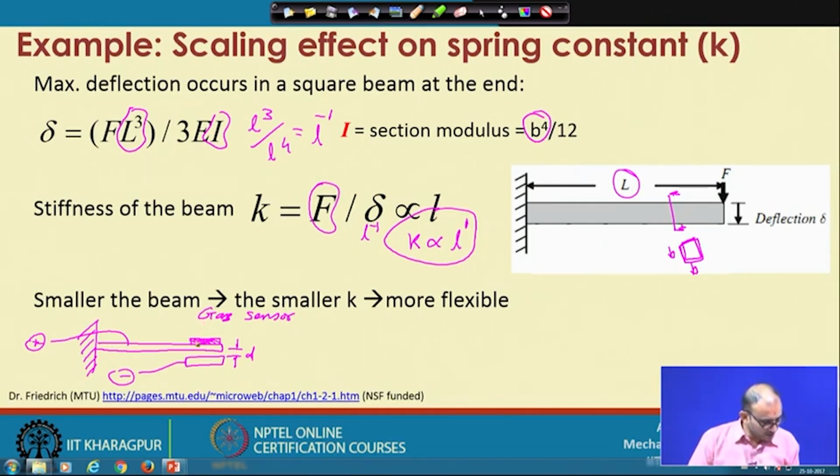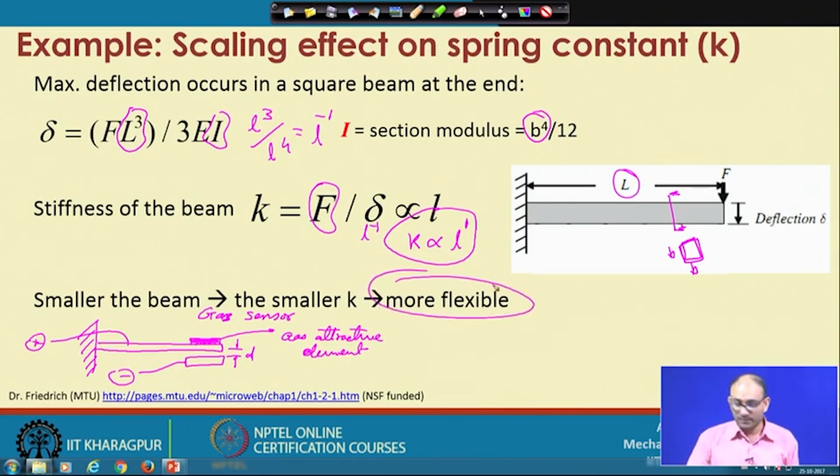So, what we do is, there are different elements available which will attract only particular types of gases. Let us take one particular element, the gas attractive element. Now, we are putting that on, and this beam is very small, so it is more flexible.